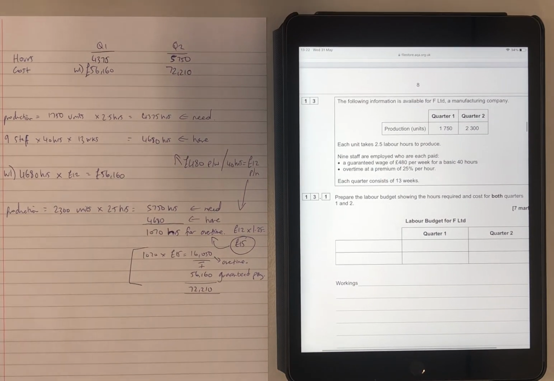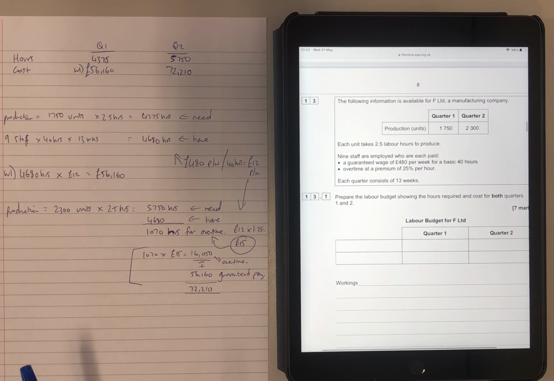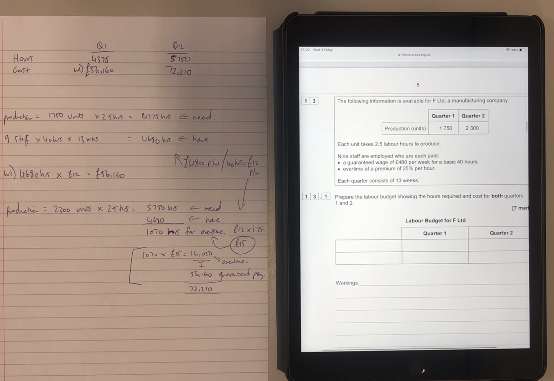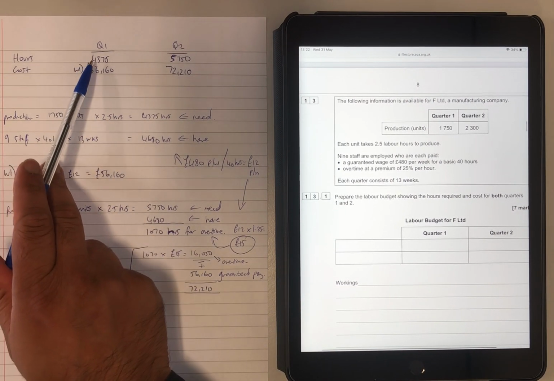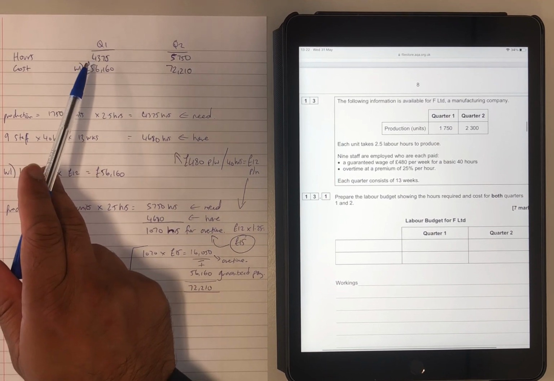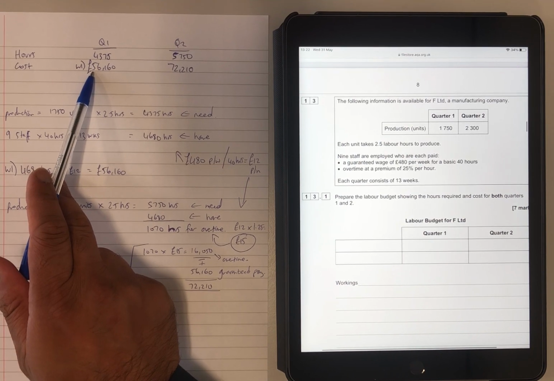So in summary, quarter one is where we had sufficient staff, but we had to pay them for the full 40 hours a week. Even though they're working less than that, we still pay them the full amount. The hours that we need is not 4680, we need fewer, but we pay them for the full hours they are contracted for.